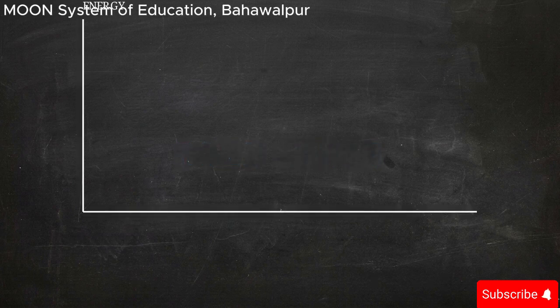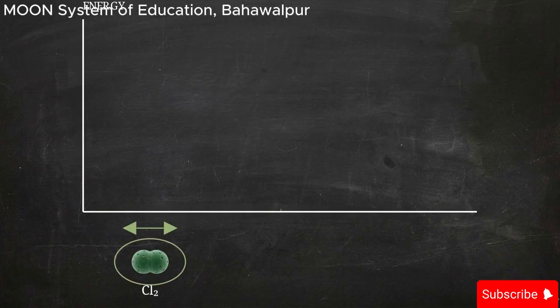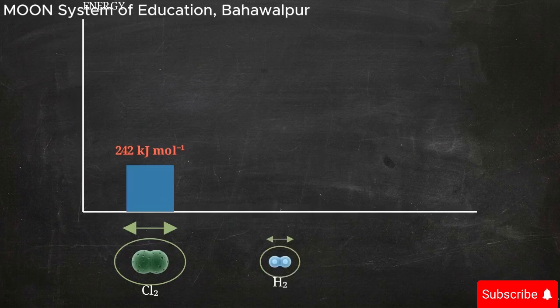The most effective multiplier of this overlap is bond order, whether the atoms share a single, double, or triple bond. A single bond between two relatively large chlorine atoms requires an input of 242 kilojoules per mole to break. Compare that to a single bond between two much smaller hydrogen atoms. Because the nuclei sit closer together, the required energy jumps up to 436 kilojoules per mole.